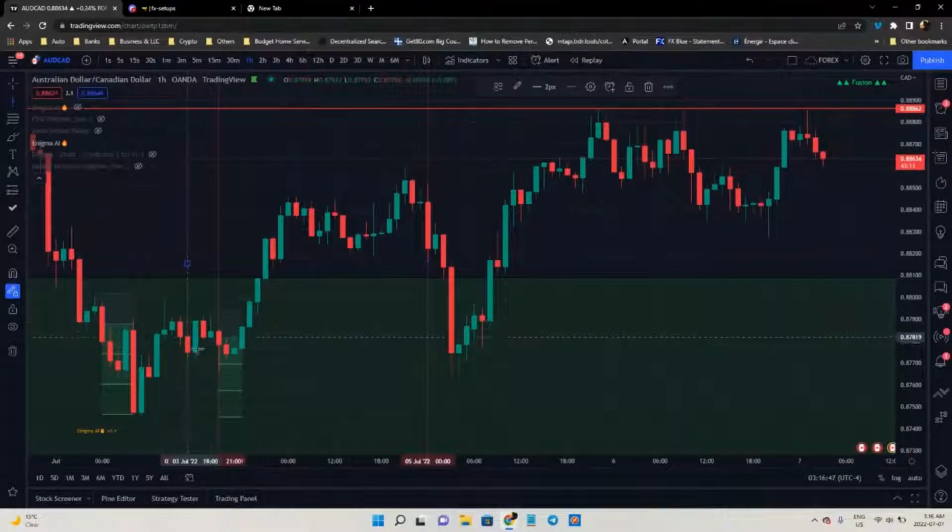You can see this is the start of the week, the weekly candle. So from this range to this range, I do not take any trades.